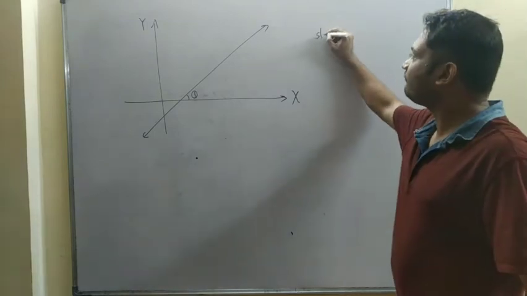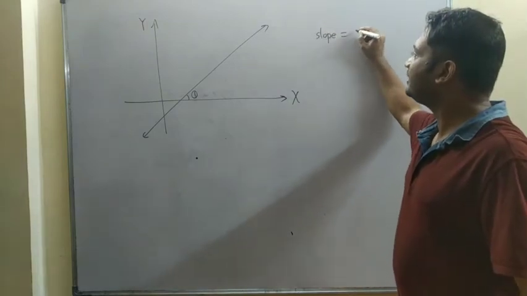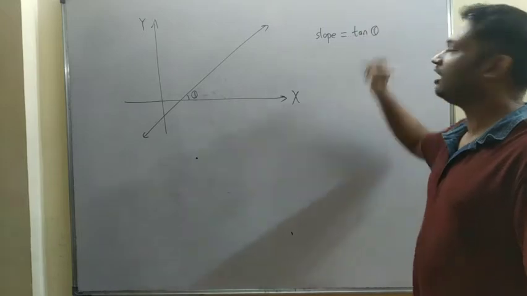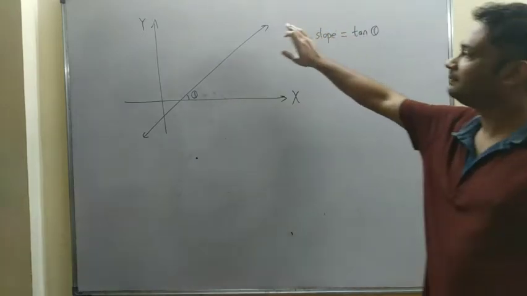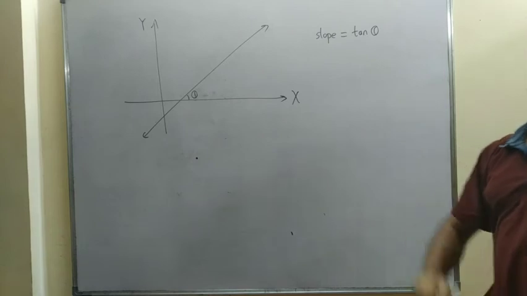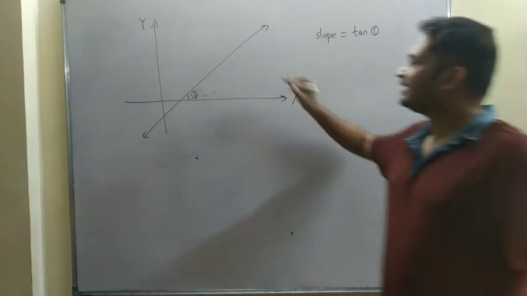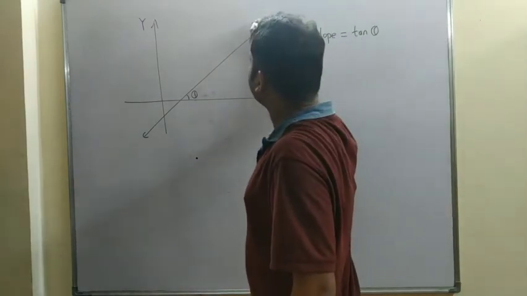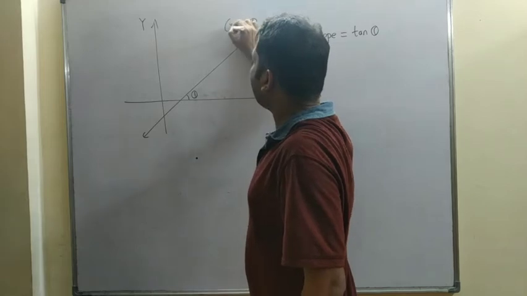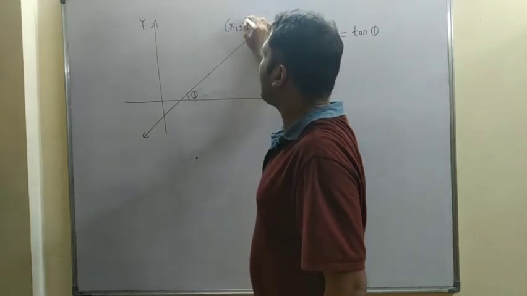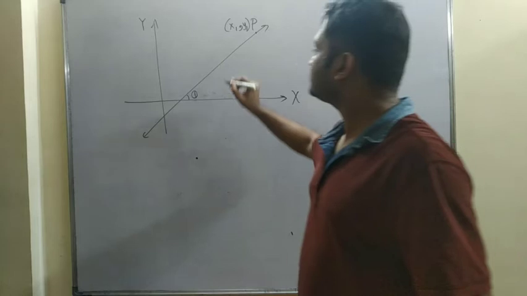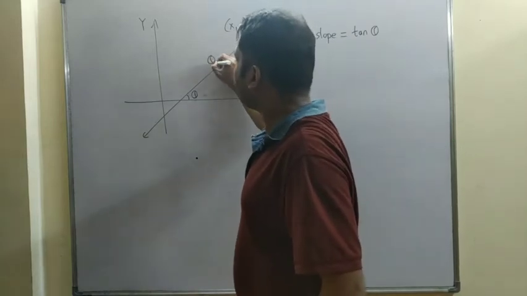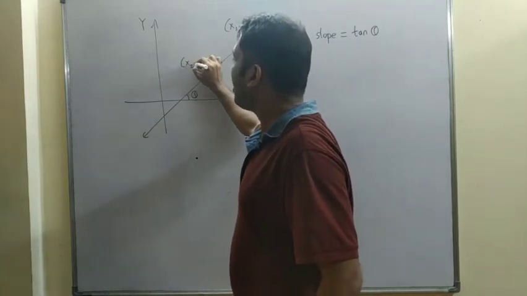Then one formula for slope which we have already learned is tan theta, where theta is the angle made by the line with the positive x-axis. On this line, let us consider 2 points. One is point P having coordinates x1, y1, and another is point Q having coordinates x2, y2.